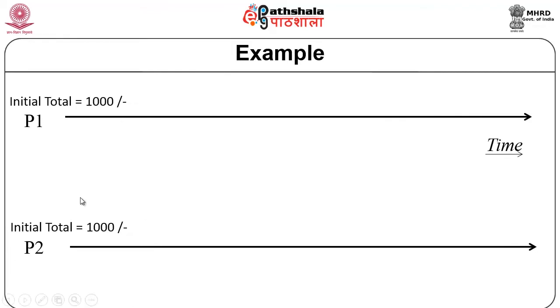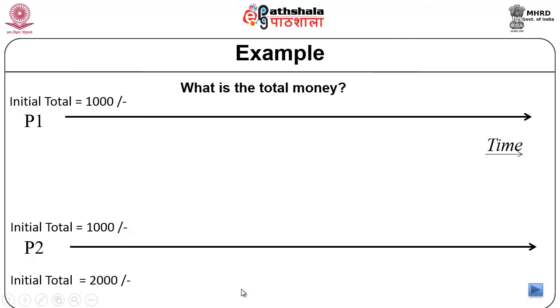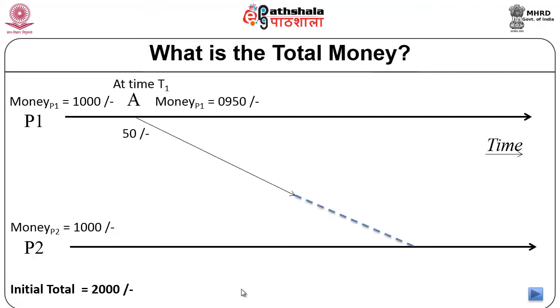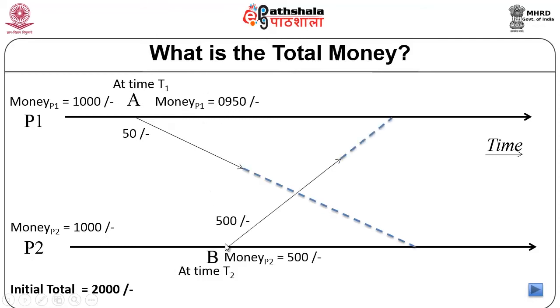Here is an example, again another space-time diagram, where there are two processes P1 and P2. P1 has 1000 rupees and P2 has 1000 rupees. So, the total money in the system is 2000 rupees. Now, assume that P1 is sending some money to P2, 50 rupees to be precise, at time T1 in place A. Therefore, the money becomes 950 in P1.